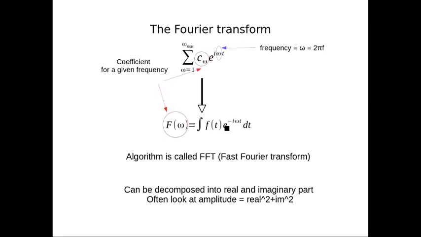The algorithm to do this is called an FFT, fast Fourier transform, and so that's what most functions in MATLAB or whatever software you'll be using will be called, so FFT rather than Fourier transform.